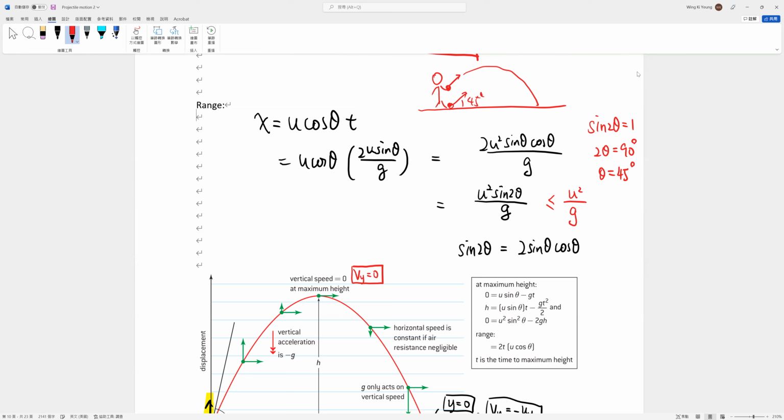But if you throw from some height above the ground, then the angle should be a bit less than 45 degrees. It depends on the height at which you release the ball. Then it can give you the maximum range. We can do this kind of question later on to see which angle gives the maximum range. Okay.